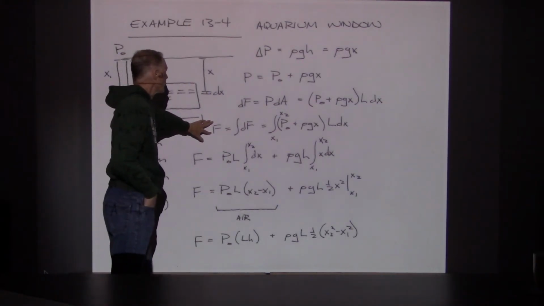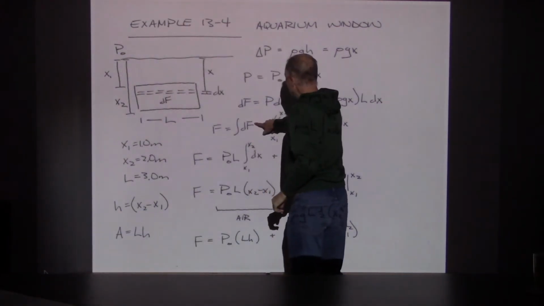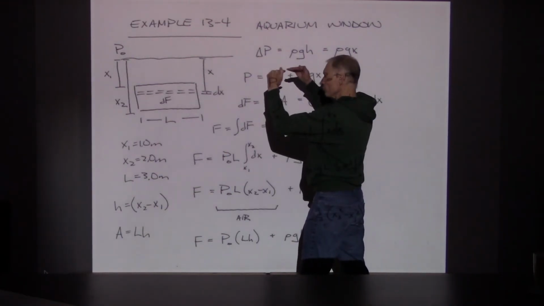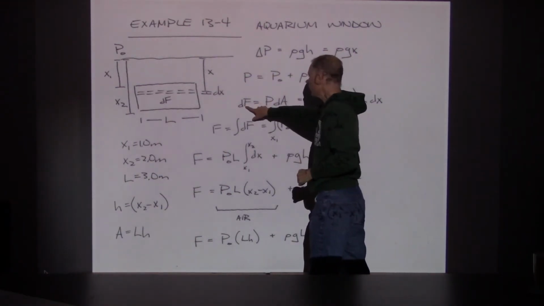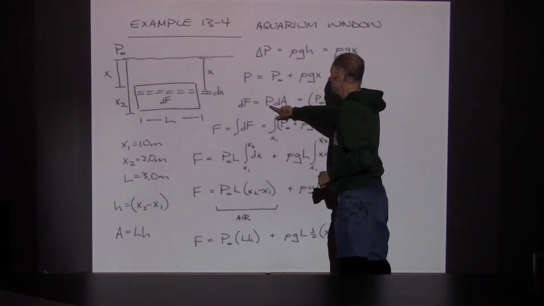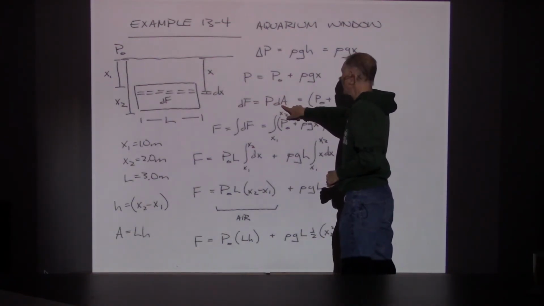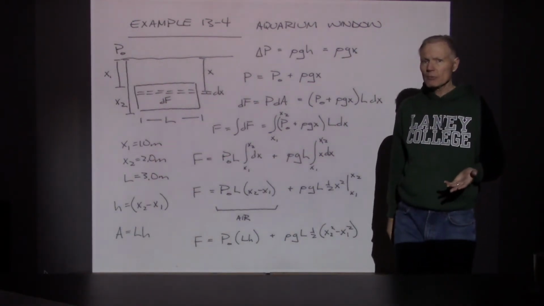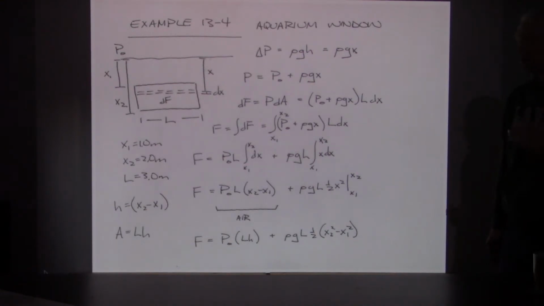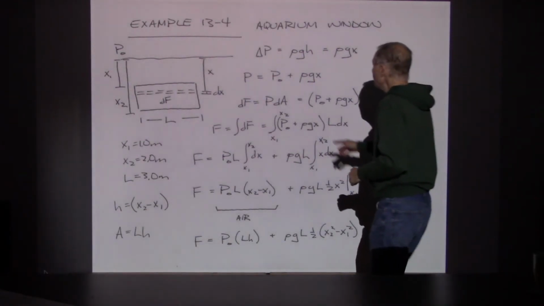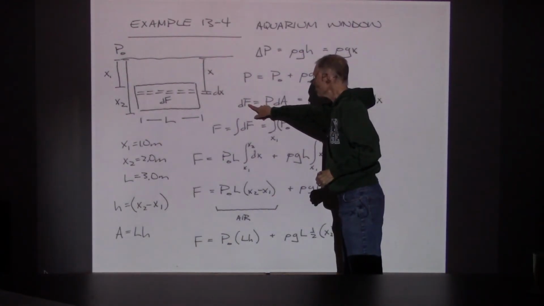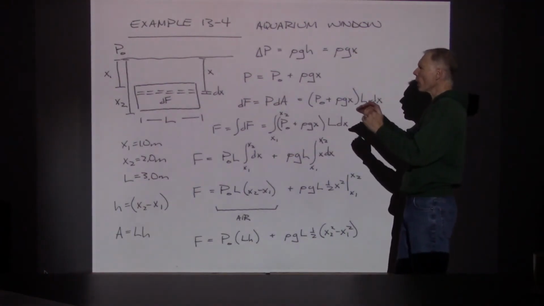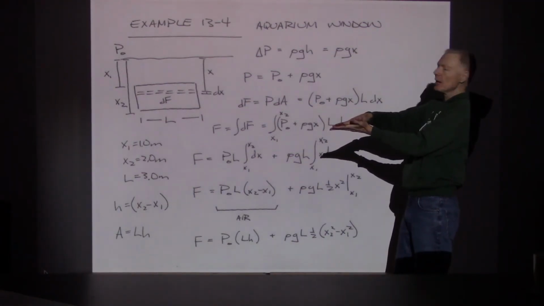The integration is going to come from integrating all the little forces at each level. Now the force at each level, dF, is going to be equal to the pressure at that location times dA. Now pressure is not an infinitesimal. The pressure is a finite value. So that little bit of force, the force is only small because dx is very narrow.